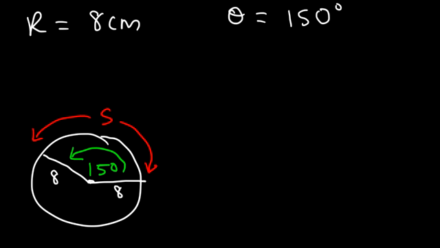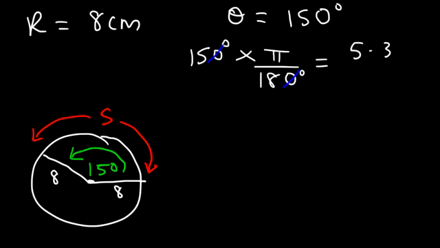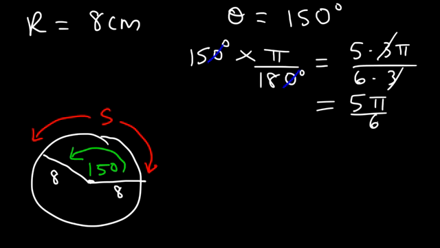Now what we need to do is convert theta from degrees to radians. To do that, let's multiply it by pi divided by 180. So we can cancel a 0, and so we have 15 over 18. 15 is 5 times 3. 18 is 6 times 3, so this equates to 5 pi divided by 6.